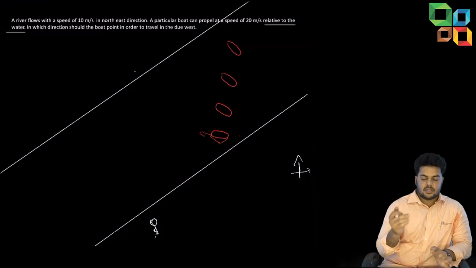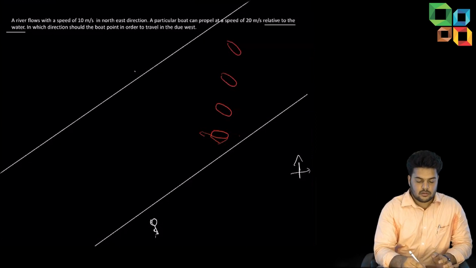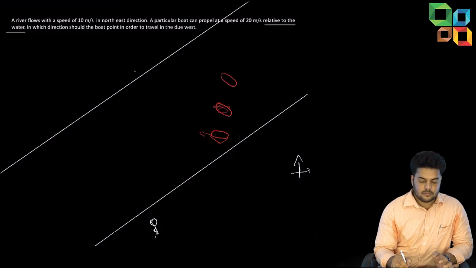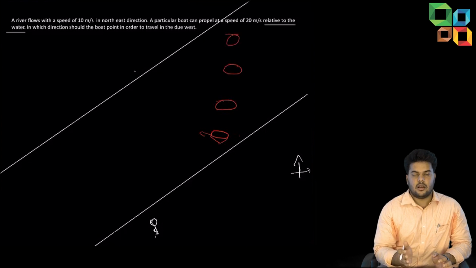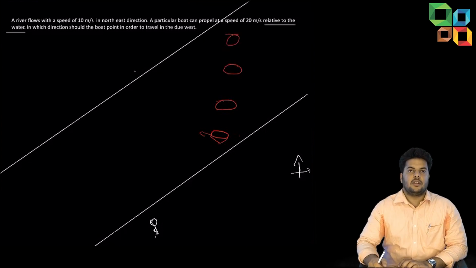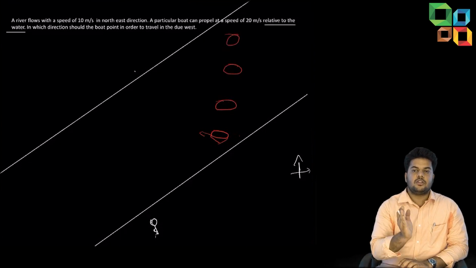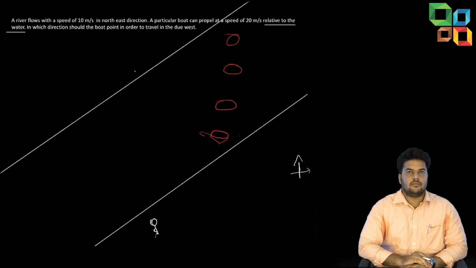My boat has to look towards the west, right? Yes, sir, you're right. The boat is looking towards the west, but it is also going in the northeast direction. It's got a west velocity and also a northeast velocity.